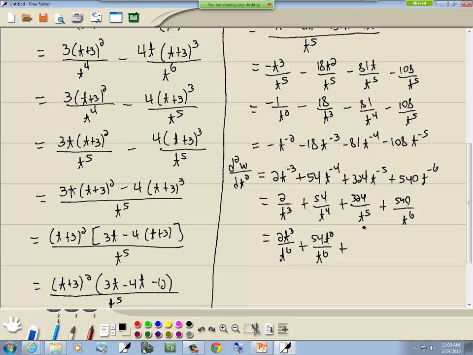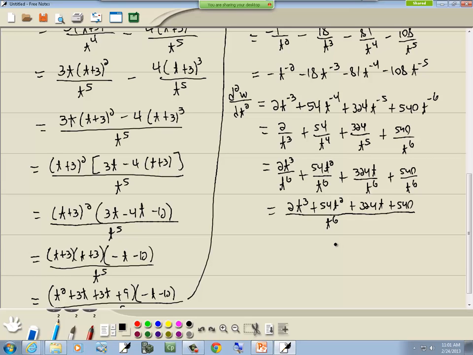Here, multiply the bottom part by t, so multiply the top part by t. And this one is fine as is. So our second derivative, in simplified form, would become 2t to the third plus 54t squared plus 324t plus 540 over t to the 6, assuming no basic math error.